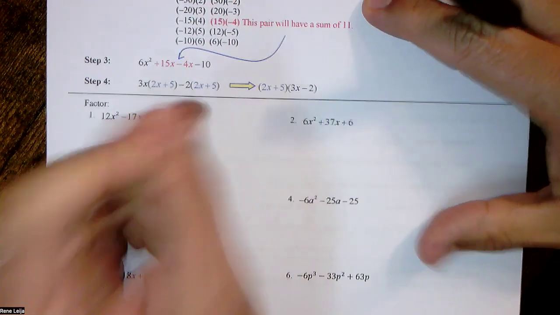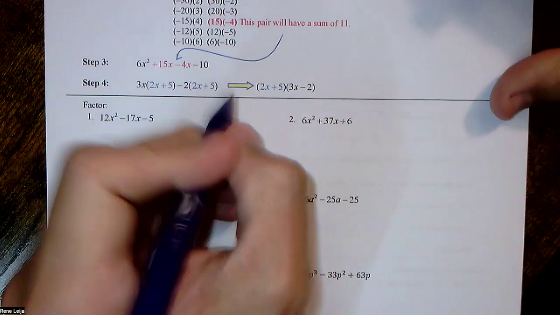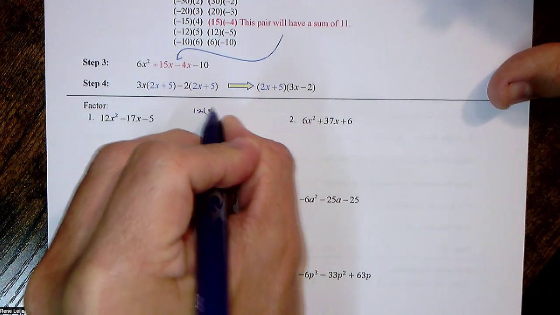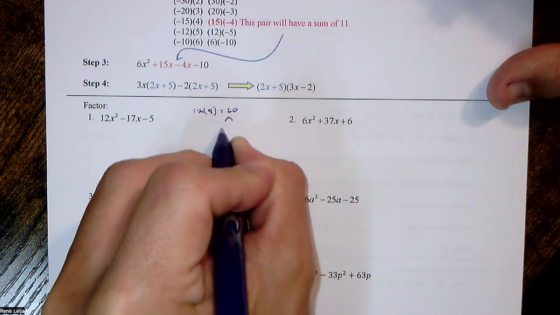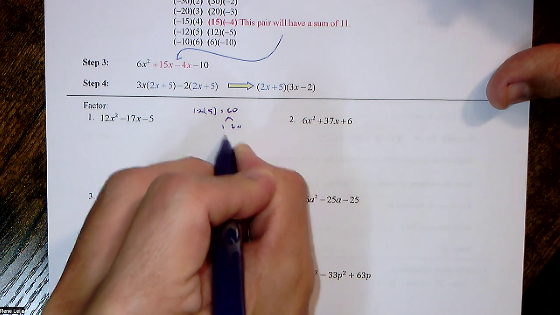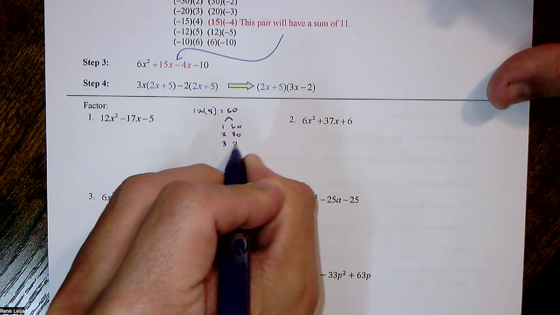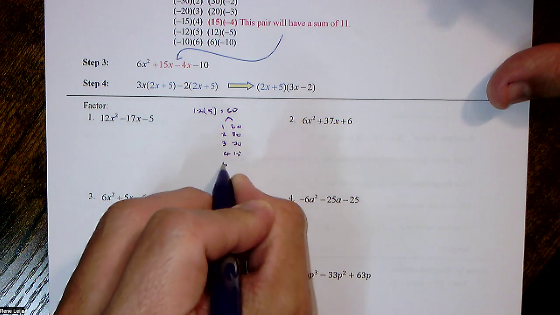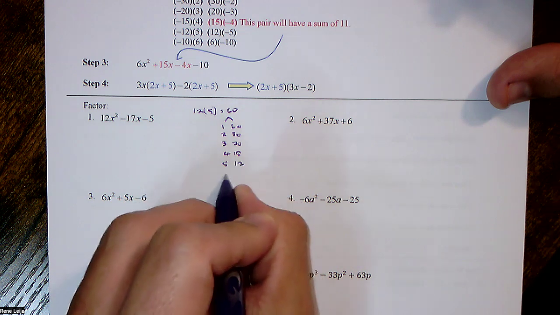So I'm going to take 12 times 5, and we get 60. Okay, I'm going to list the factors of 60: 1 and 60, 2 and 30, 3 and 20, 4 and 15, 5 and 12, and then 6 and 10.